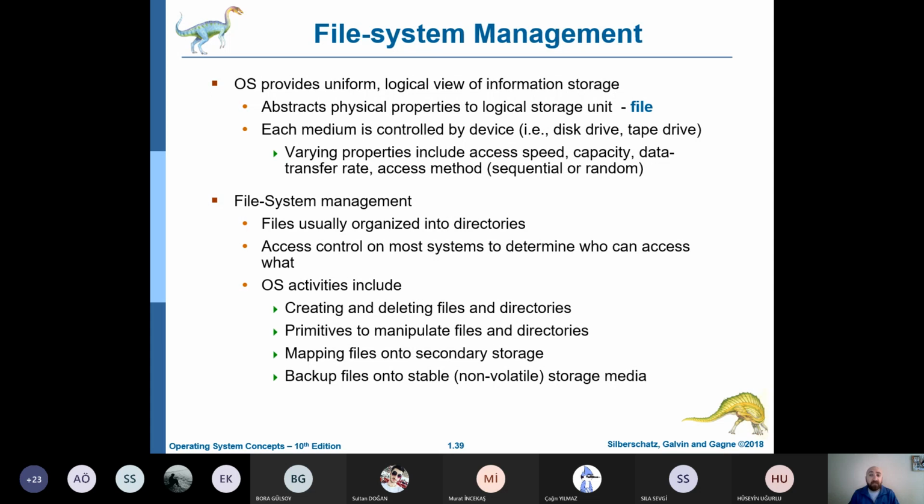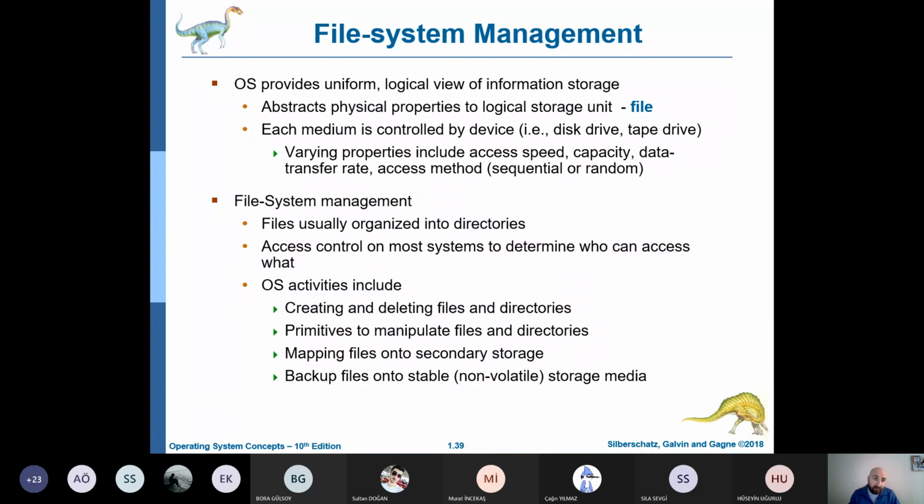The operating system is responsible for these activities in connection with file management: creating and deleting files and directories, primitives to manipulate files and directories, mapping files onto secondary storage, and backing up files onto stable, non-volatile storage media.